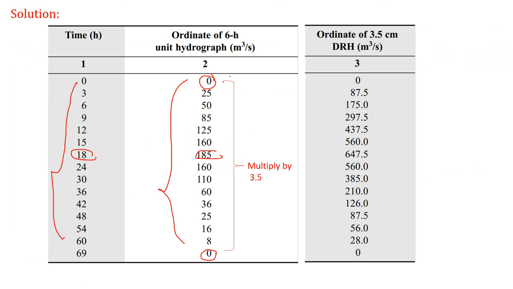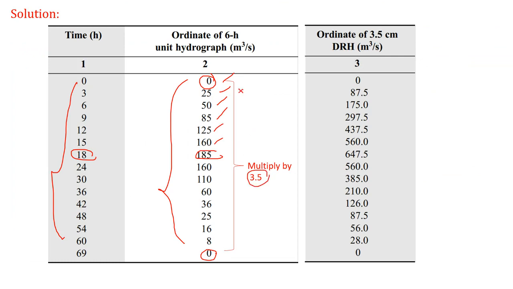So, bale, itong values na to, yung unit na sinasabi niya is ang 1 unit is 1 centimeter of rainfall excess. So ito yung na-compute niyang unit hydrograph per centimeter. So since ang binigay is 3.5 cm, multiply mo lang siya by 3.5.